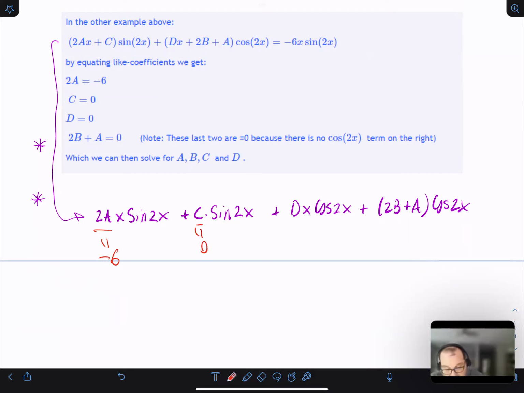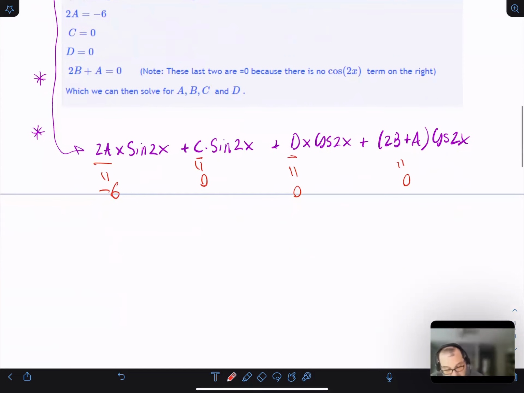There is no x cosine 2x term. That tells us that the d must be 0. There is no cosine 2x term. That tells us that 2b plus a must be 0. So again, we can solve this fairly nicely. This means that 2a equals -6, a equals -3.